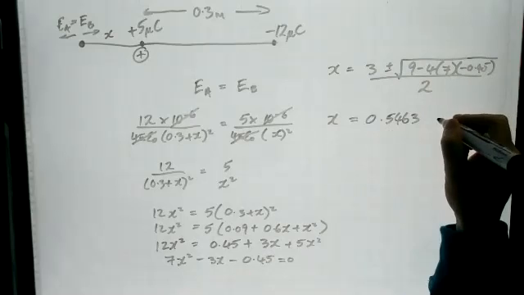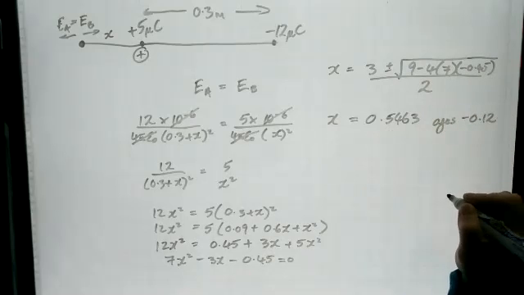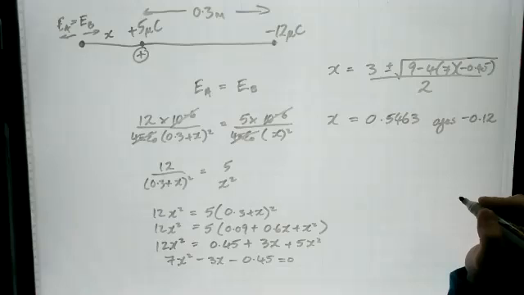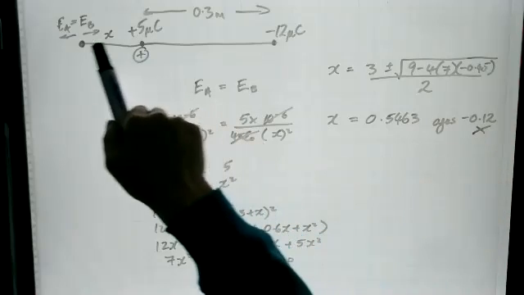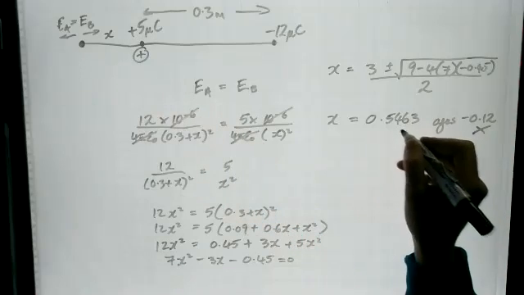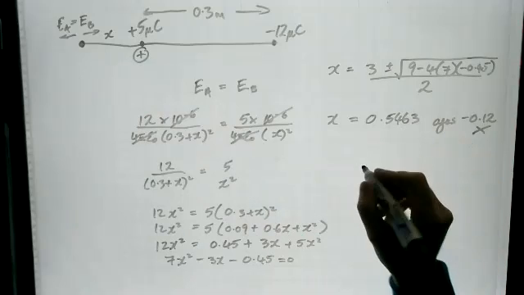Now x negative is impossible because we have an actual length. So x is equal to 0.5463.